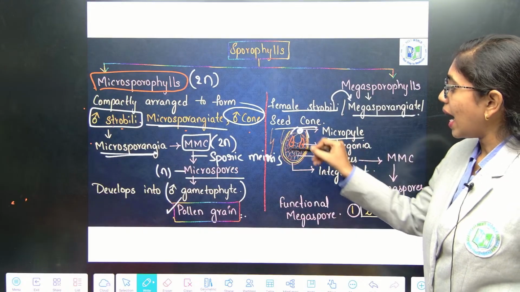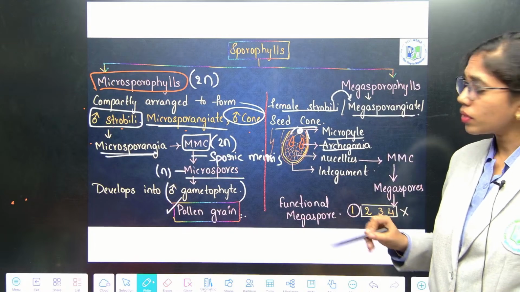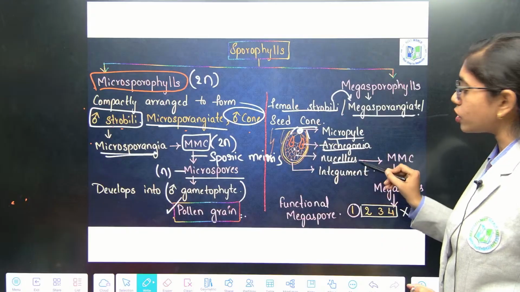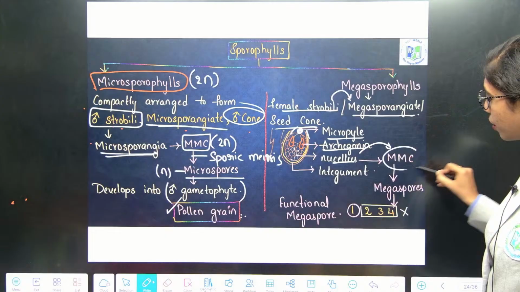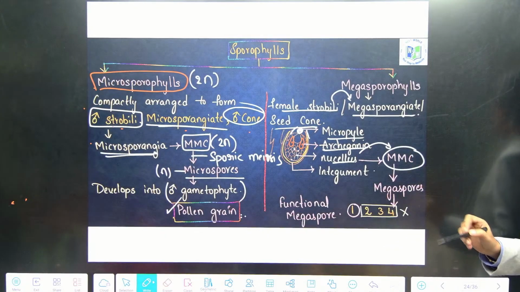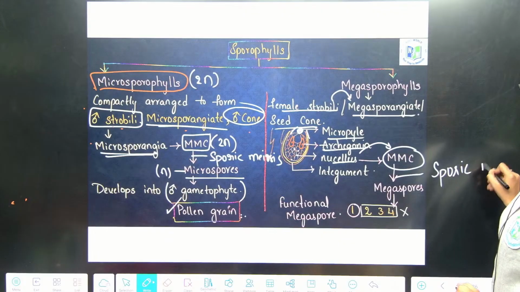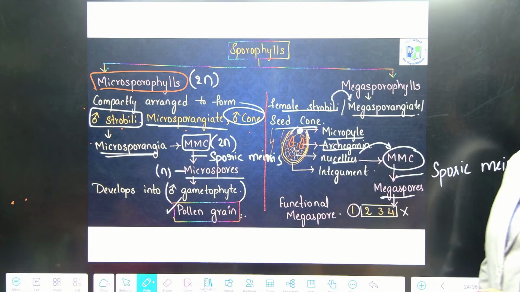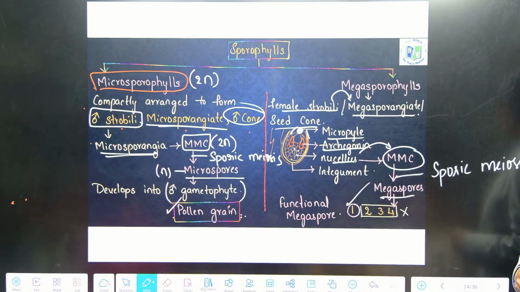Each cone bears 2 to 3 archegonia. Inside the female cone, all the cells present are known as nucellus. One of the nucellus cells differentiates into the megaspore mother cell. It undergoes what? Sporic meiosis. It forms 4 megaspores, of which how many are functional? 1 megaspore is functional.